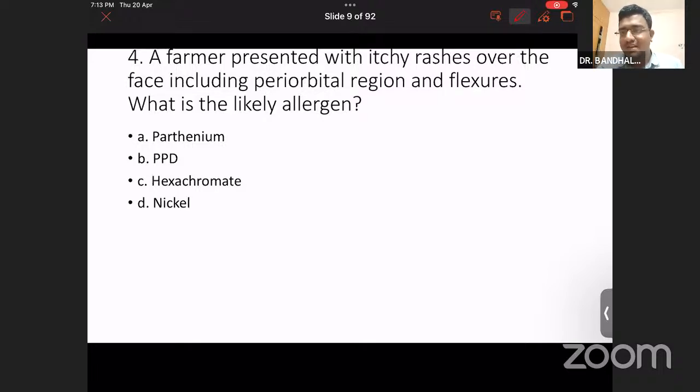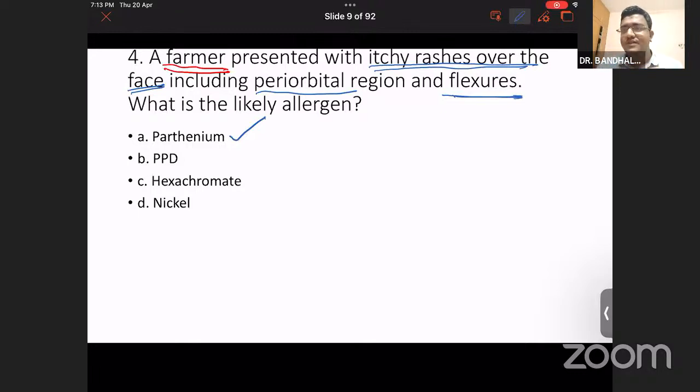So the clues here are: the patient is a farmer by occupation, and the lesions are itchy rashes over the face, including the periorbital region and flexures. Whenever there is a farmer with itchy rashes over the face and flexures, it is parthenium, because parthenium is present everywhere in the field.